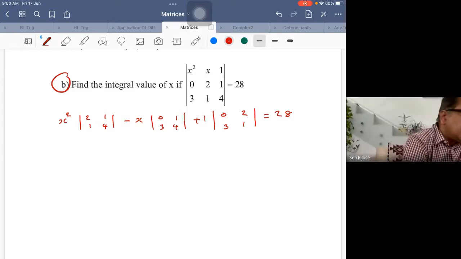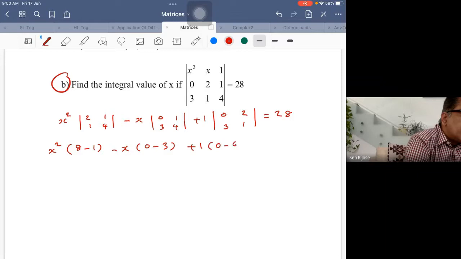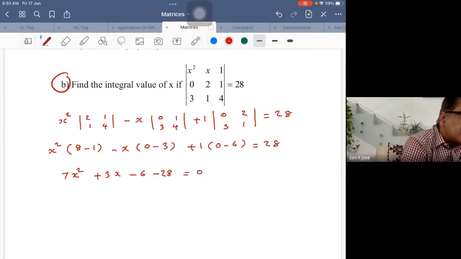Then you start expanding, so you'll get x squared into 8 minus 1, minus x into 0 minus 3, plus 1 into 0 minus 6, is equal to 28. So you get 7x squared plus 3x minus 6 minus 28 is equal to 0. Are you getting numbers like that? 7x squared plus 3x minus 34 is equal to 0.